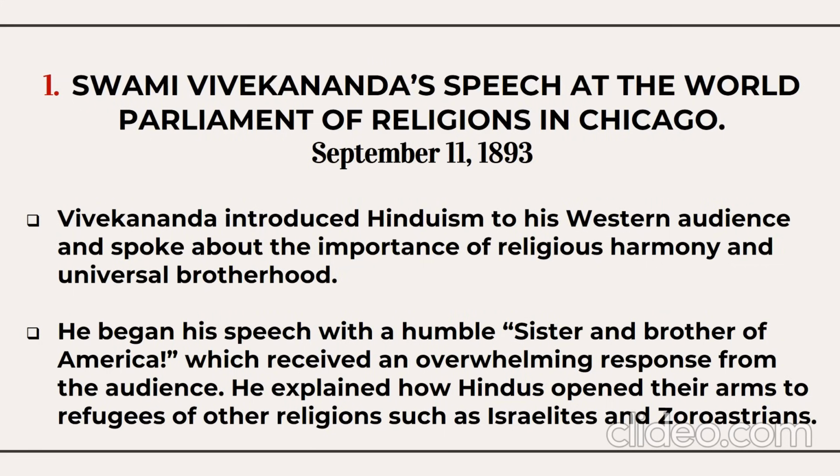He began his speech with a humble note, Sisters and Brothers of America, which received an overwhelming response from the audience. He explained how Hindus opened their arms to the refugees of other religions such as the people from Israel or Zoroastrians.